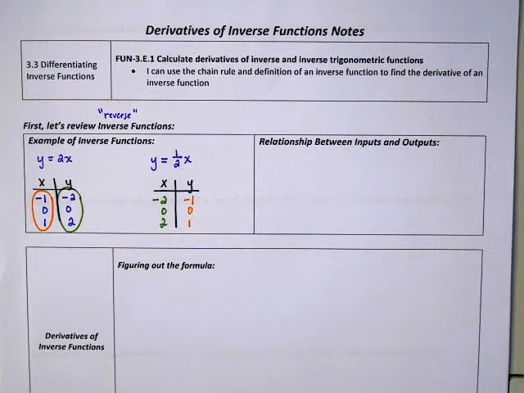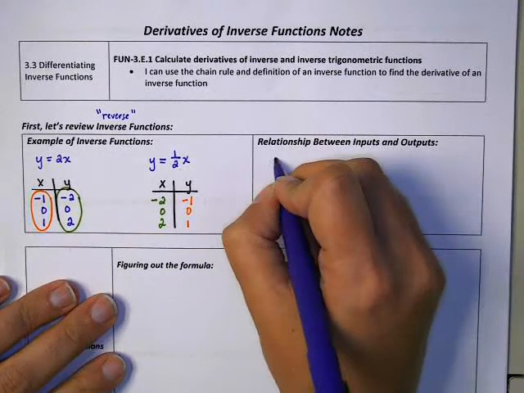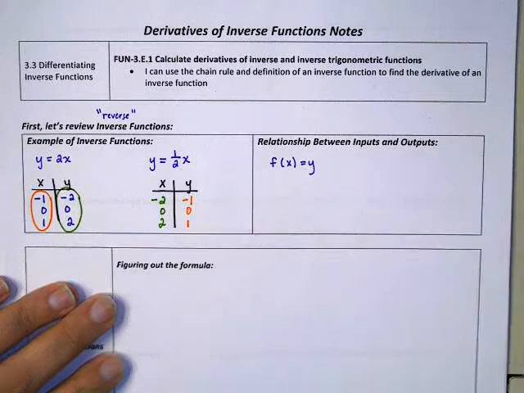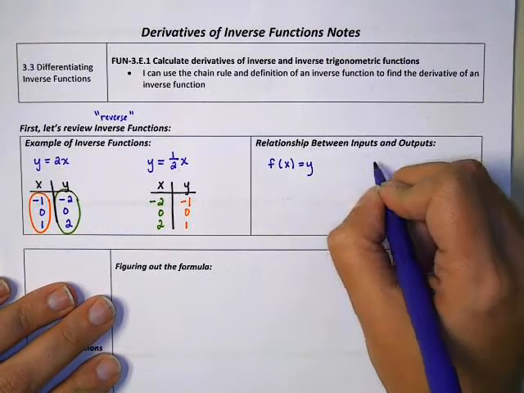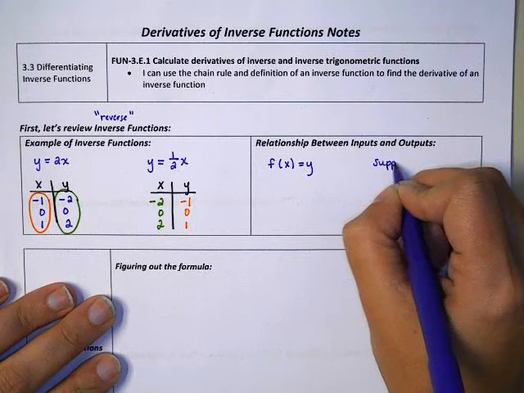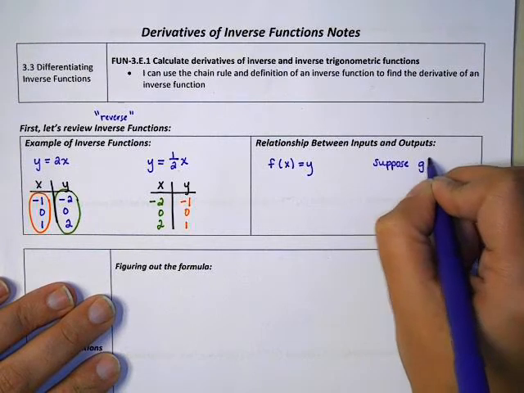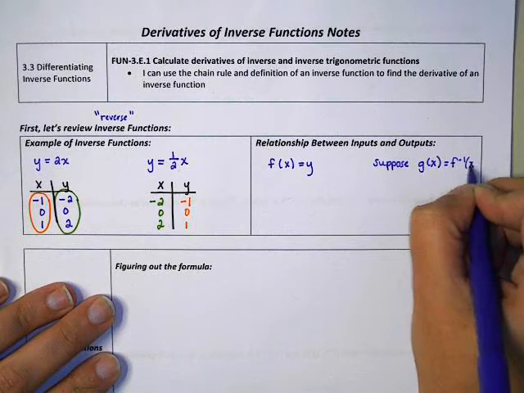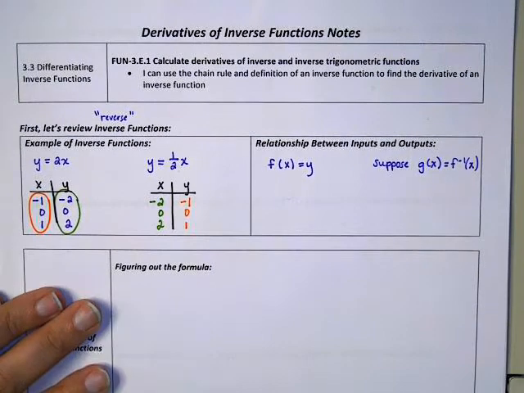Now, another way that we sometimes write this is this. If f of x equals y, then suppose g of x is the inverse of f. So suppose these are inverses.